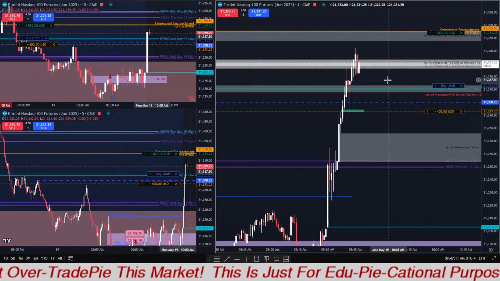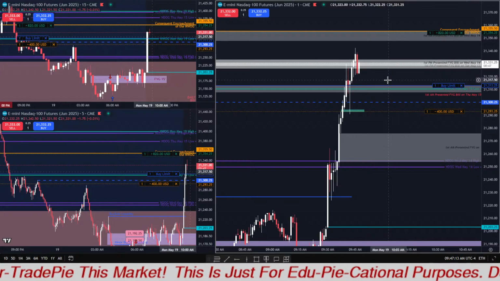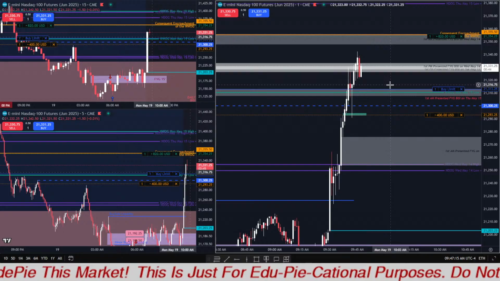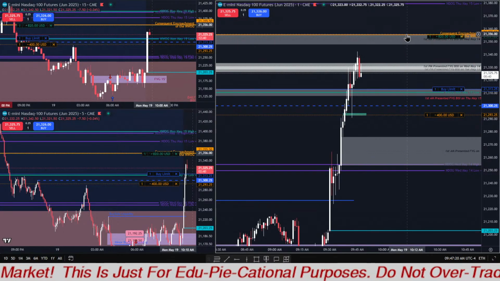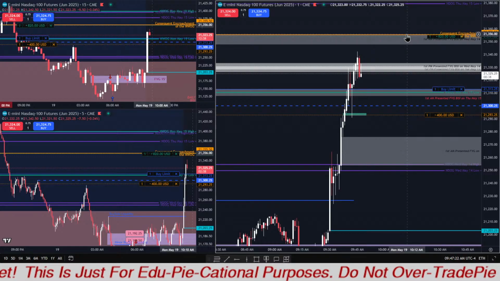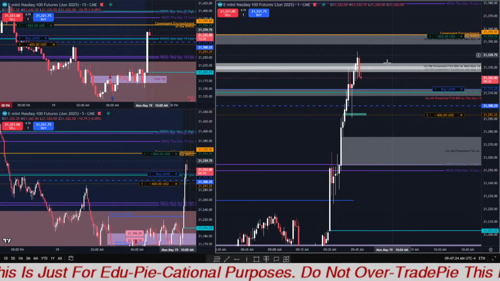Now I'm waiting to see how the market behaves over here, and my bias is bullish towards the consequent encroachment of the new week opening gap over here. So let's see.